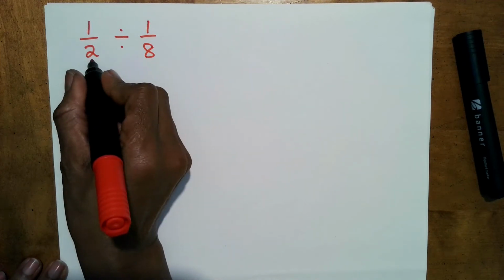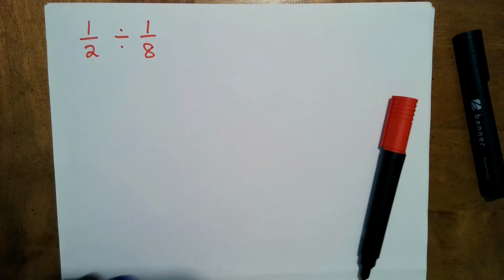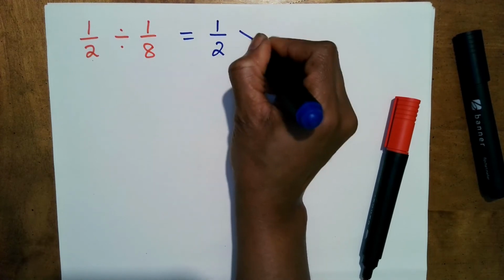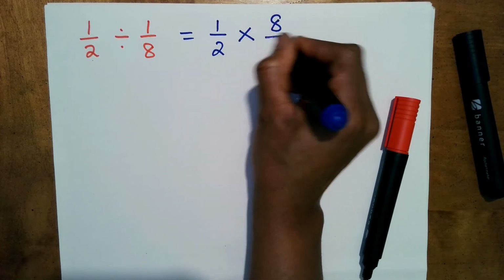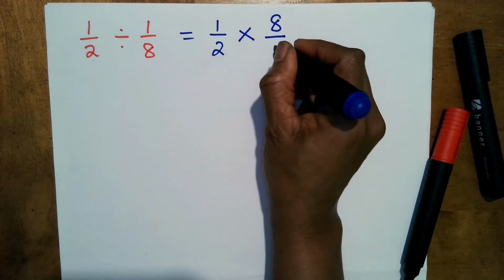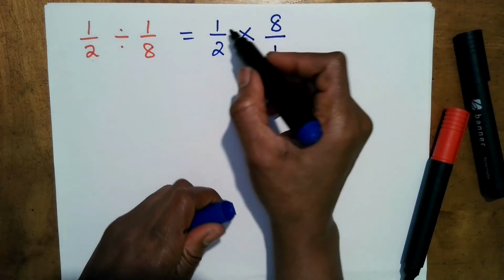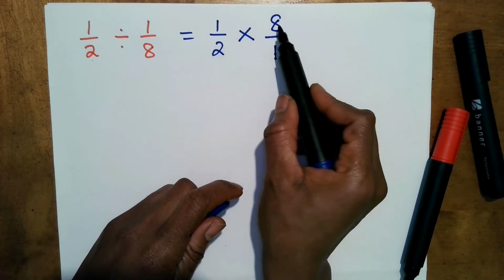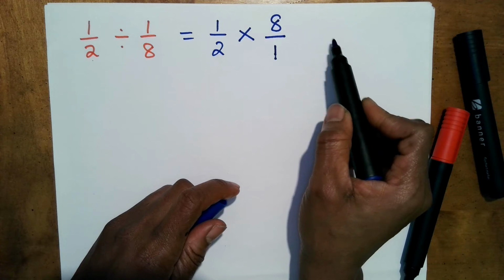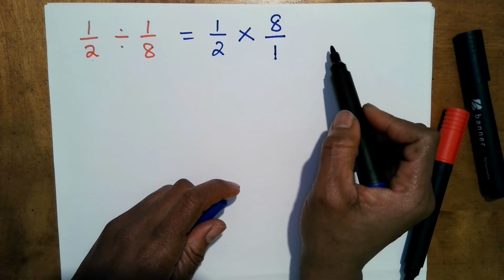So we keep the first fraction, change the sign and flip the second fraction. So now that we have flipped the second fraction, we can either multiply 1 and 8 to give me 8 and then 2 and 1 to give me 2. So 8 divided by 2 will give me 4.